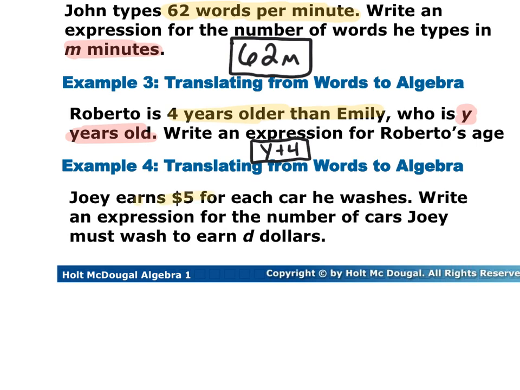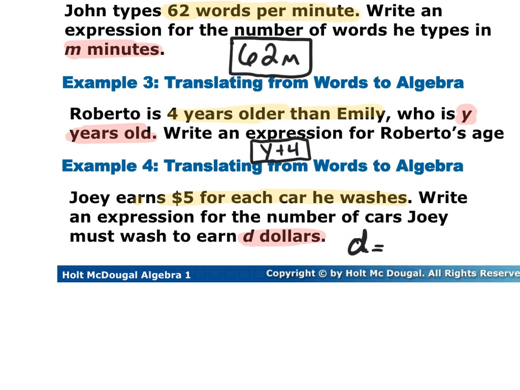They tell you that Joey earns $5 for each car that he washes, but then they want to know how many cars he's got to wash to get D dollars, right? Well, that means that we're actually going to say that D is equal to something here because your total output's going to come from that.